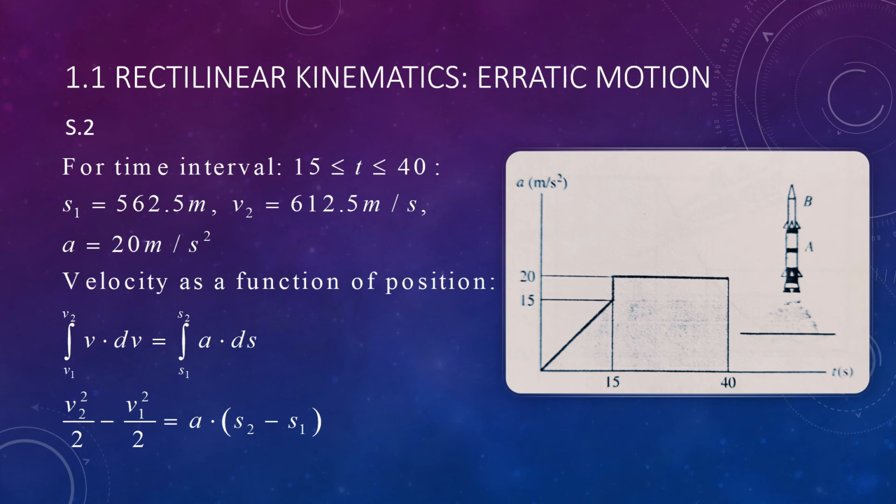In order to calculate the final displacement at 40 seconds, we will use the equation of velocity as a function of position. The solution of the integral is given below. We will substitute v1 is equal to 112.5 meters per second, v2 is equal to 612.5 meters per second, s1 is equal to 562.5 meters, a is equal to 20 meters per second squared into that equation.